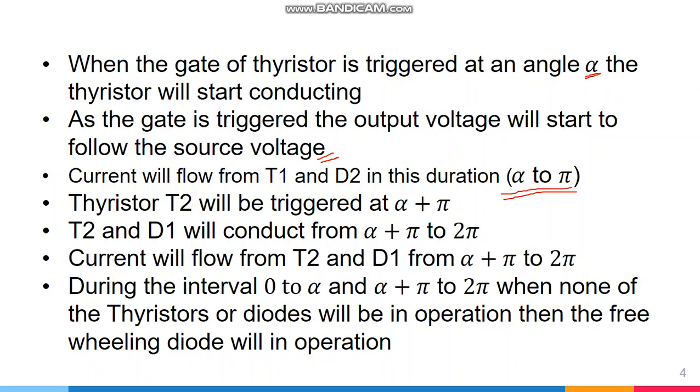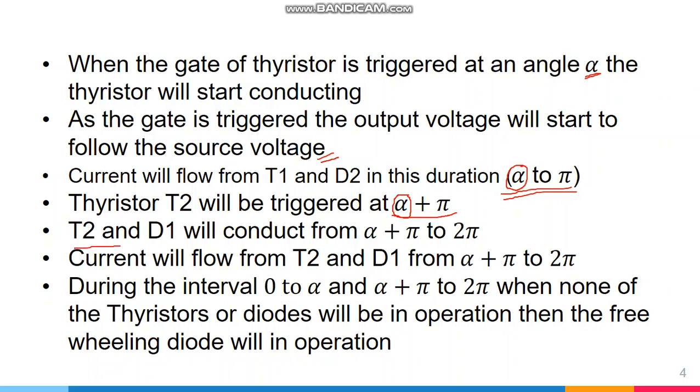Similarly, the thyristor T2 will be triggered at alpha plus pi during the negative half cycle. For symmetry, I am using the same angle alpha to fire in the positive half and the negative half. Otherwise, if there is a need to obtain a particular average value or any kind of combination that I need at the output, I can vary the alpha in the positive half and in the negative half to obtain the corresponding waveform.